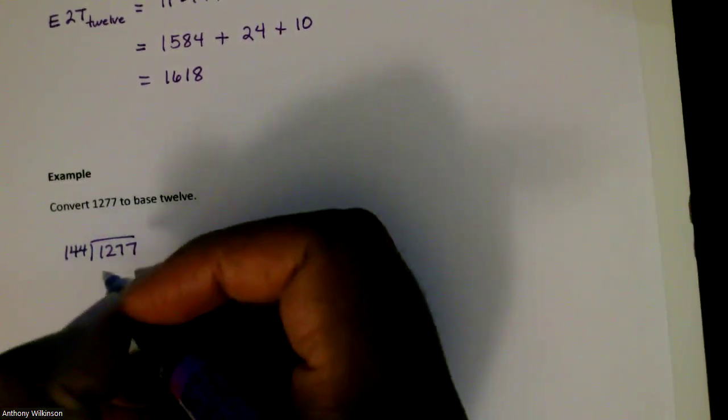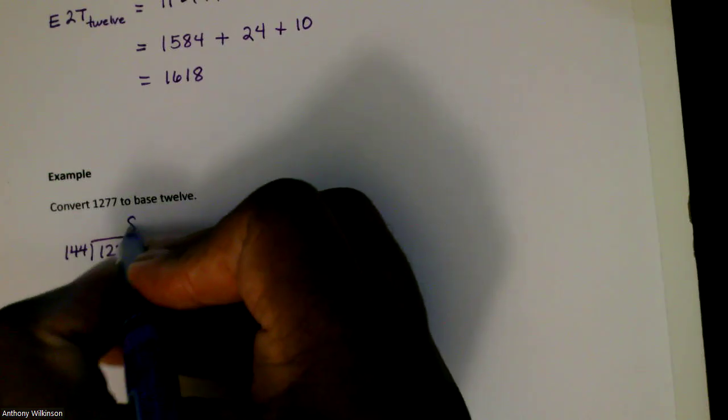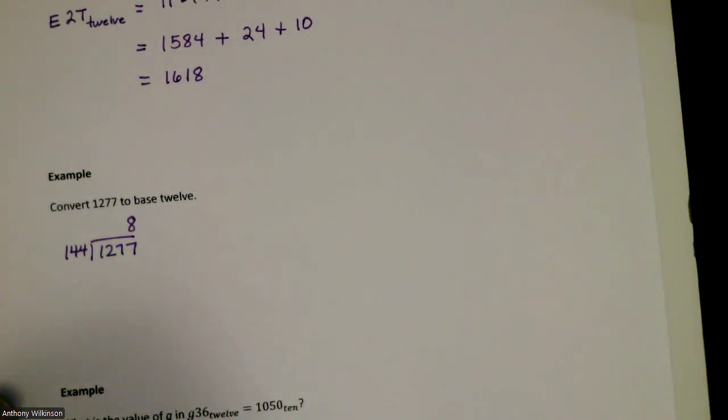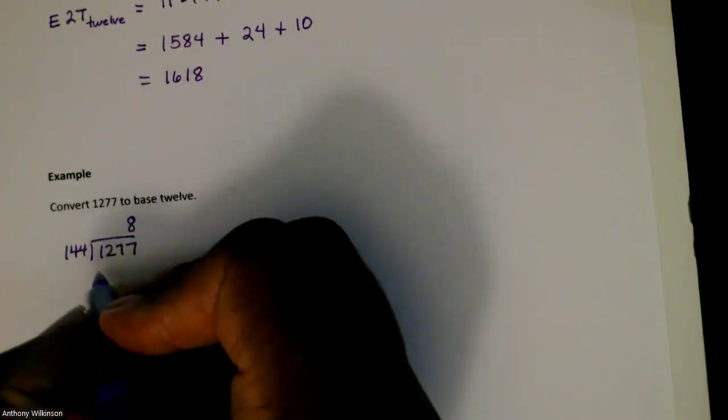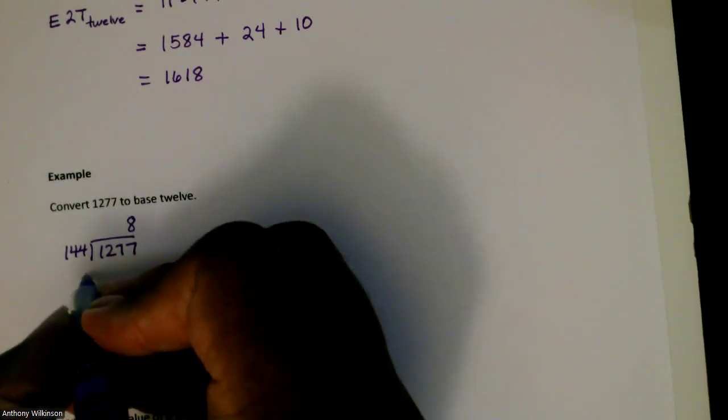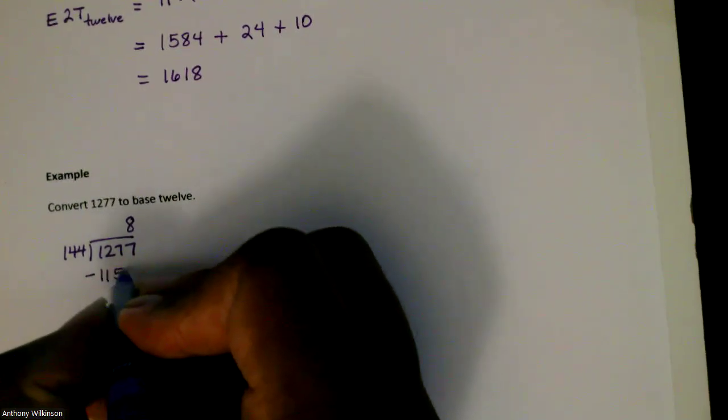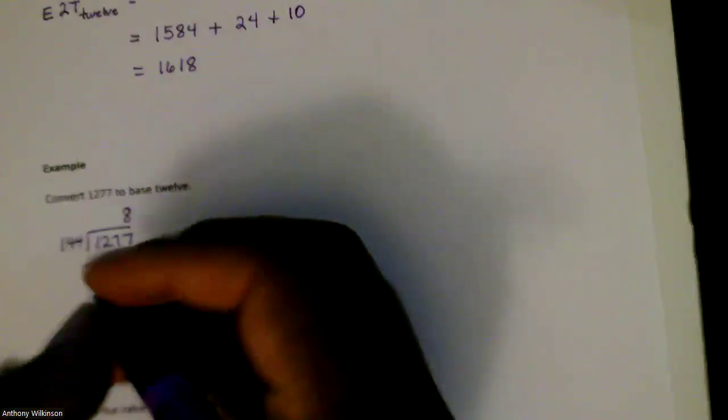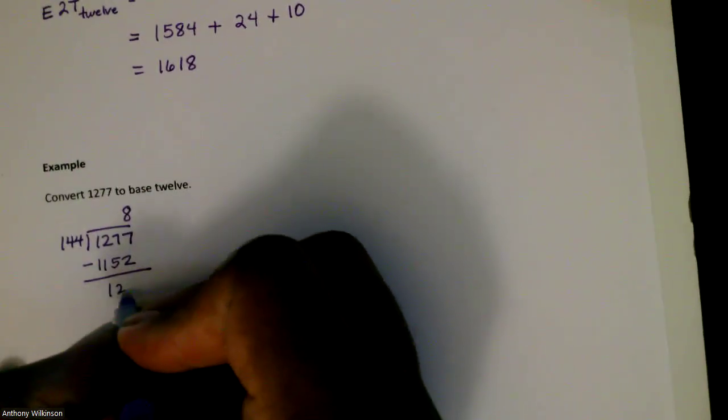And if I divide 144 into 1277, that's going to go 8 times. And if I multiply 8 times 144, that will be 1152. Subtract that from the 1277, you'll end up with 125.